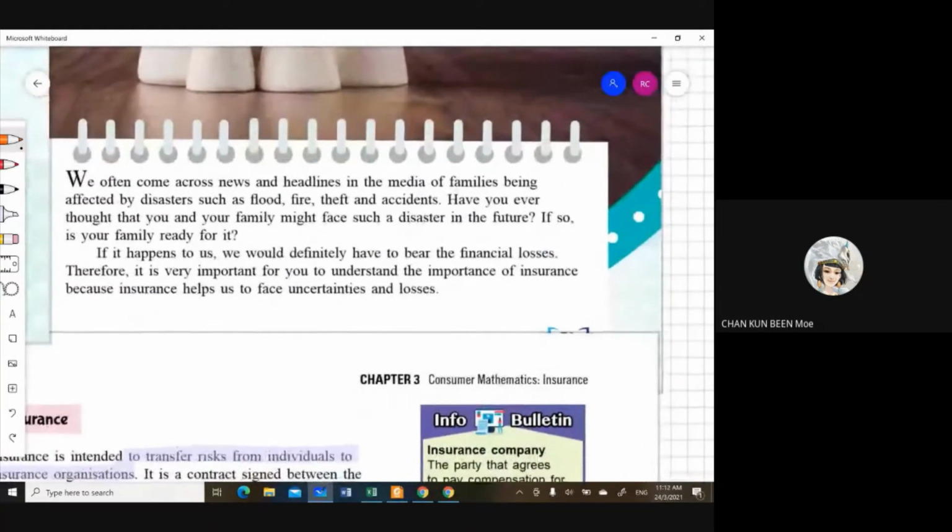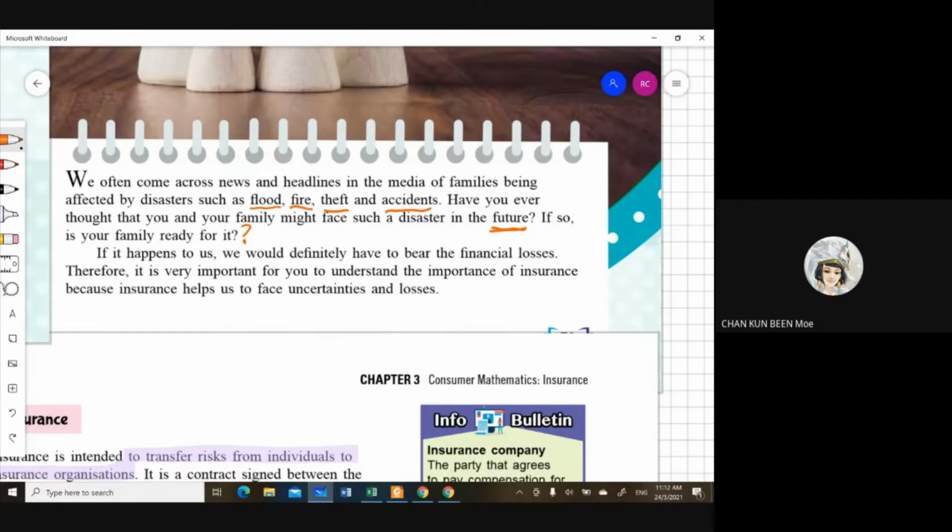We often come across news and headlines in the media of families being affected by disasters such as flood, fire, theft, and accidents. Have you ever thought that you and your family might face such a disaster in the future? Yes or no? If no, okay, then you don't have to worry about this one. If so, is your family ready for it? You got to know whether you're ready for it or not.